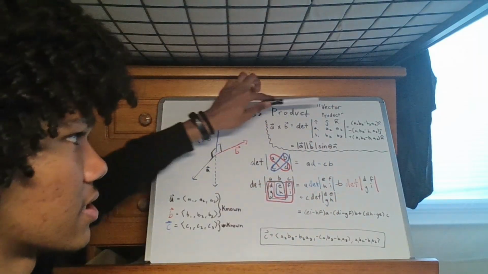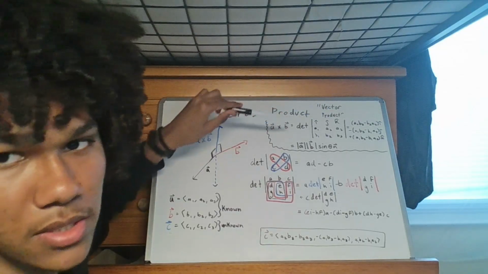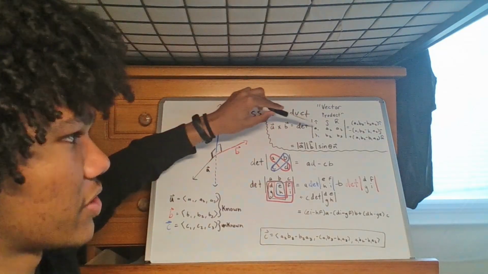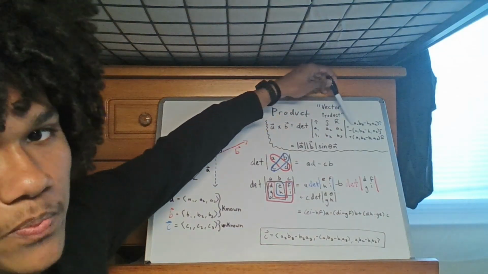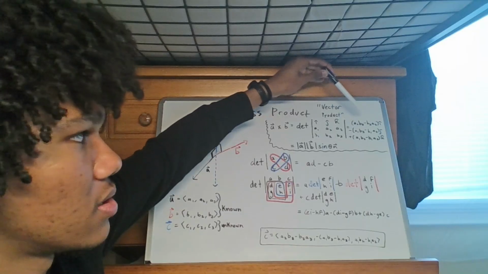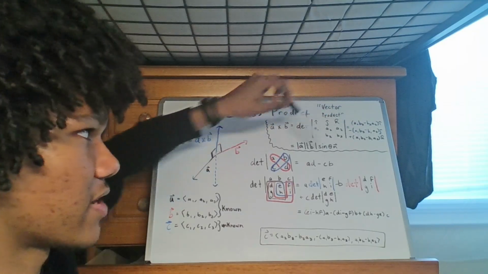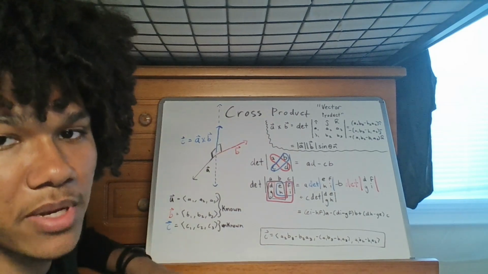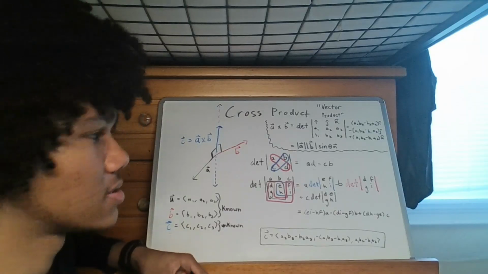Each row represented a vector with I, J, K each being the unit vectors with length 1. And then you have the A vector, B vector, and this determinant would give you a sum that has coefficients I, J, K. This determinant is the C vector. That's the simplest way of explaining how to use the determinant to find a cross product.